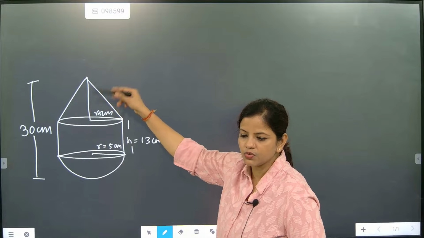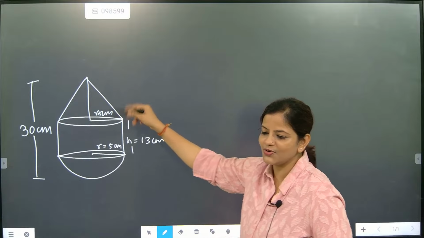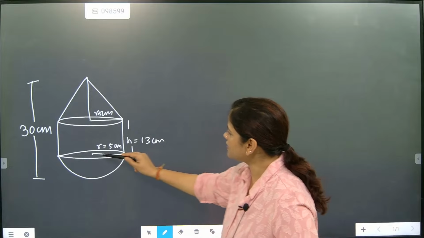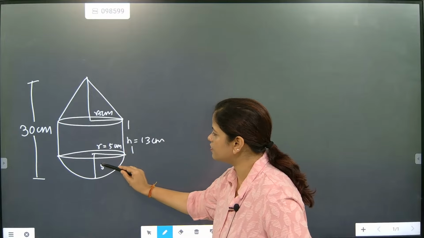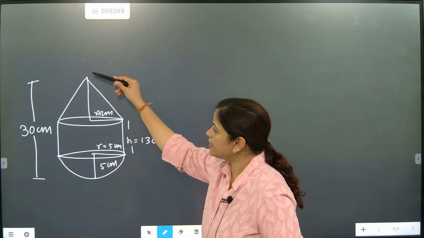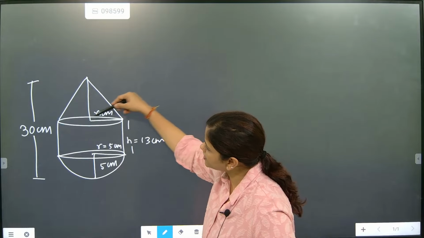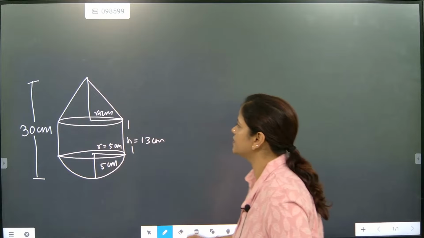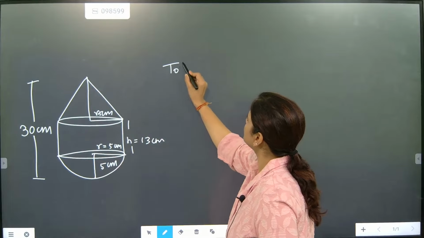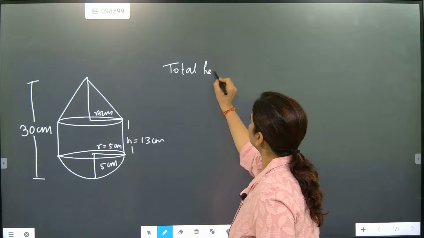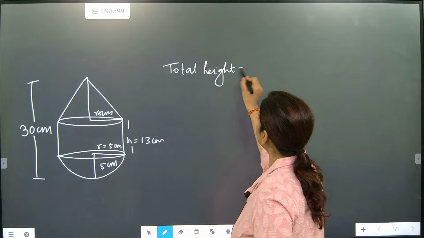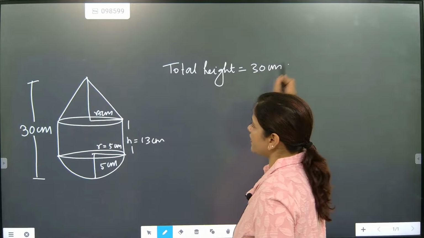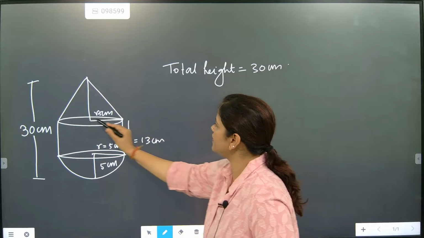What we need to find is this part height, and this part radius is 5 centimeter. So the total height is 30 centimeter. Fine. So height of the cone first we need to find.